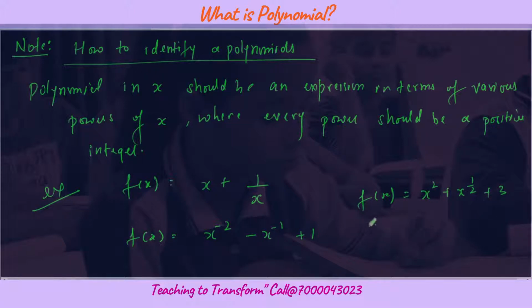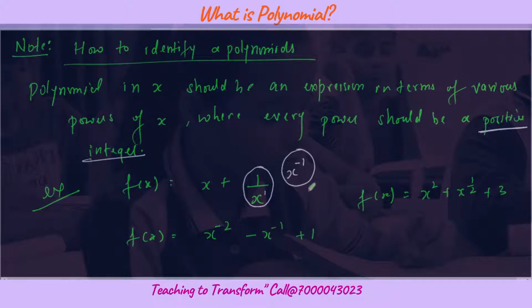See, it is written that a polynomial in x should be an expression in terms of various powers of x, where every power should be a positive integer. So when you have a close look, this is written x to the power minus 1.